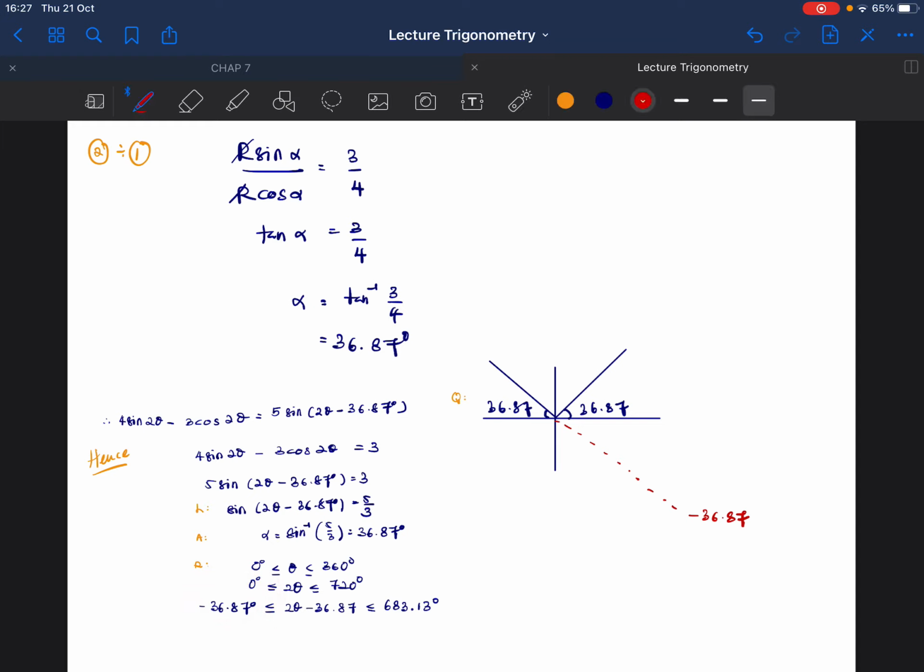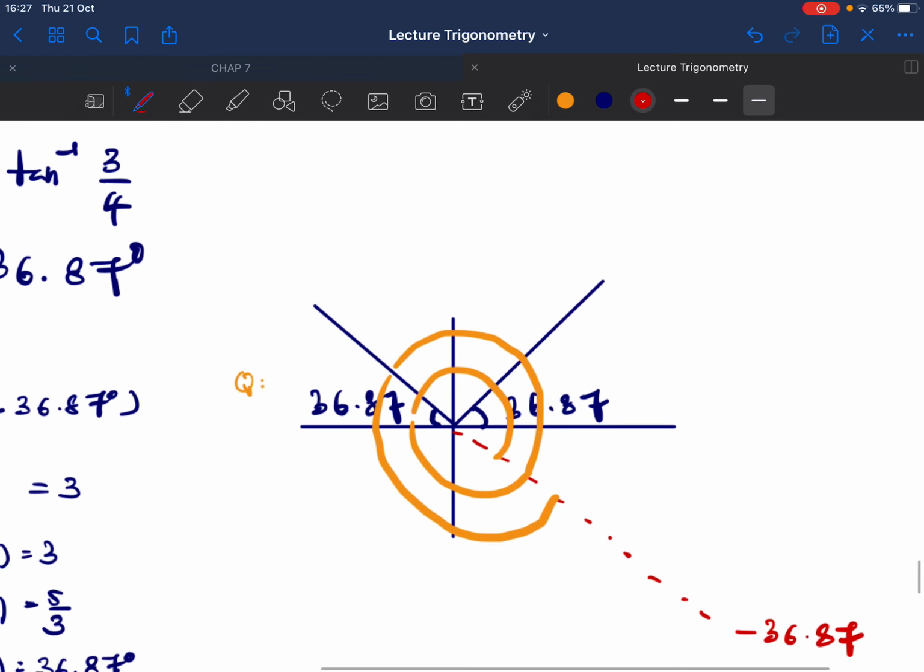Bermaksud dia ada 2 pusingan. So, we should have start from negative 36.87. Satu pusingan, 2 pusingan. Okay, so tengok dekat sini ada berapa banyak intersection point. Zoom sikit. 1, 2, 3, 4. Okay, that means you are going to have 4 answers dekat sini.